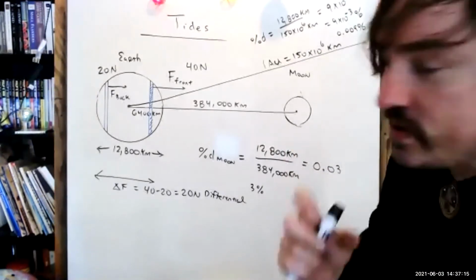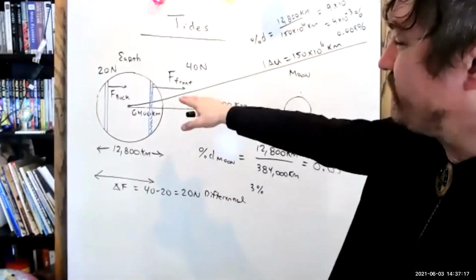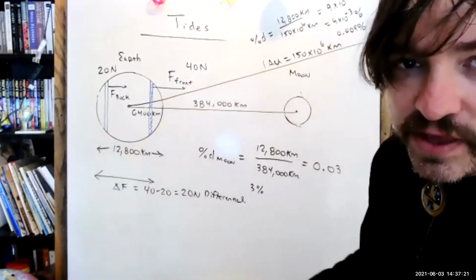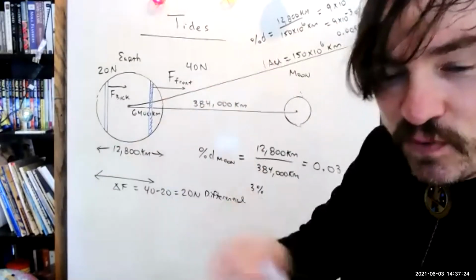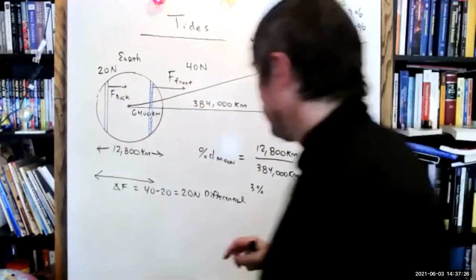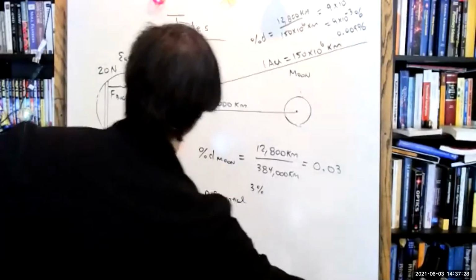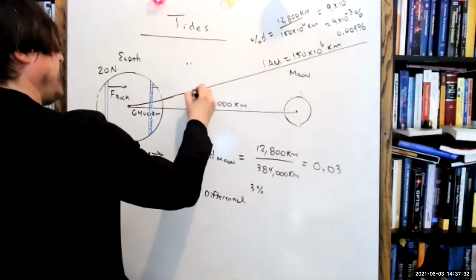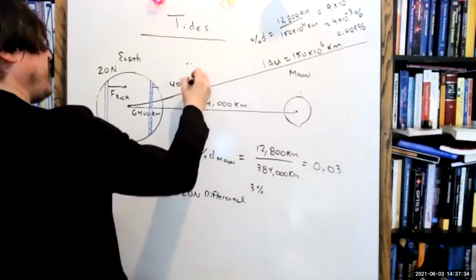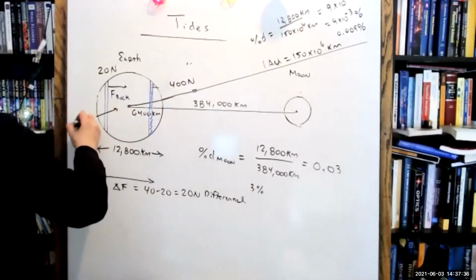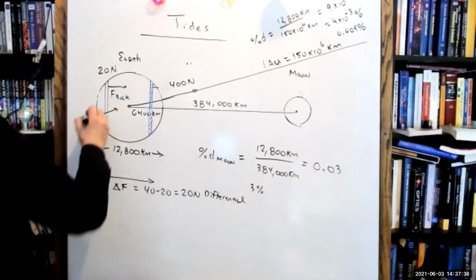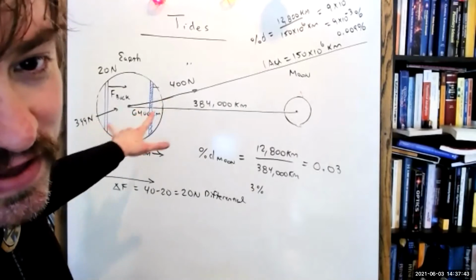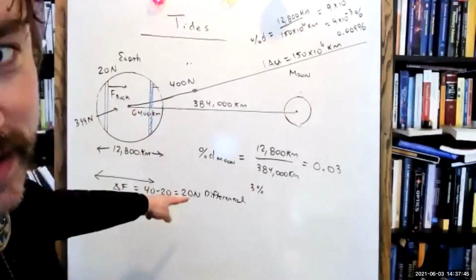And so what's happening is, even if the sun exerts more force at all points on the Earth, the difference in force ends up being smaller because, for instance, it's like saying in a cartoon form that the front side of Earth might experience a force of 400 newtons, but the back side of Earth might experience 399 newtons. So the difference in force that the sun exerts is only a 1 Newton differential.